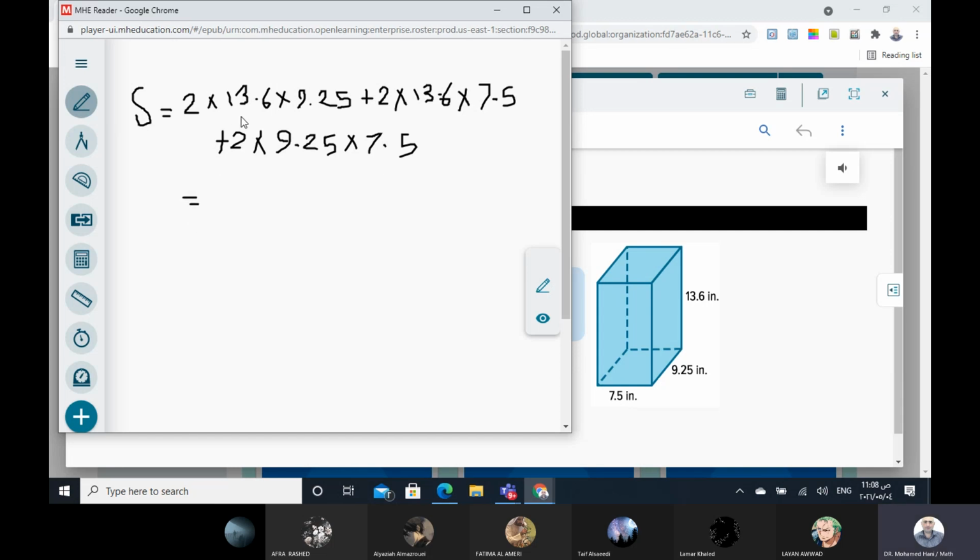Now we can calculate. As you see here, we have 2 times 13.6 times 9.25 equals 251.6, plus 2 times 13.6 times 7.5.